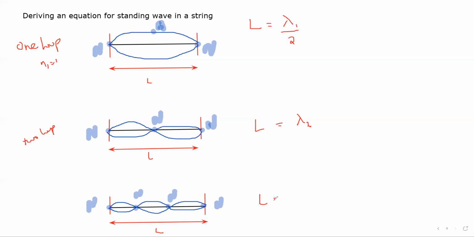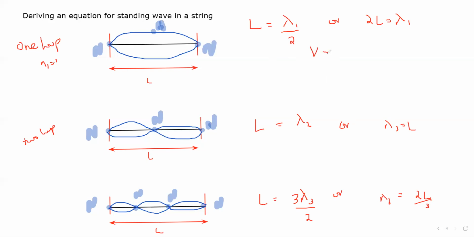Here the length is equal to 3 lambda by 2. Now we have the formula: 2L equals lambda 1, lambda 2 equals L, and lambda 3 equals 2L by 3.